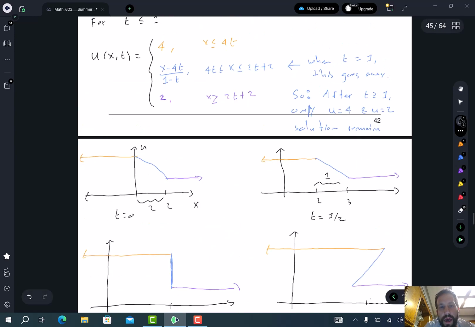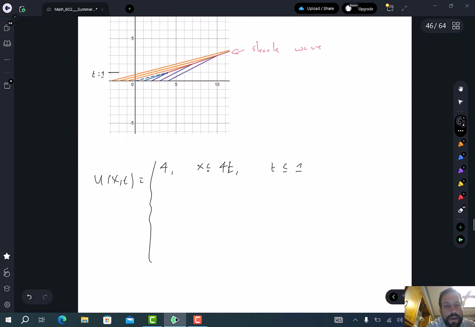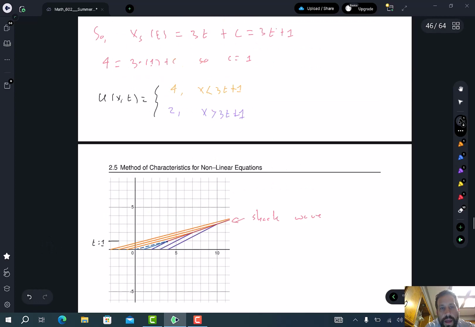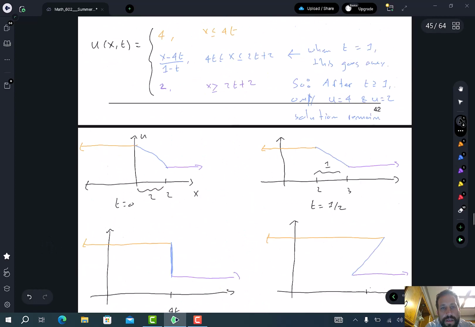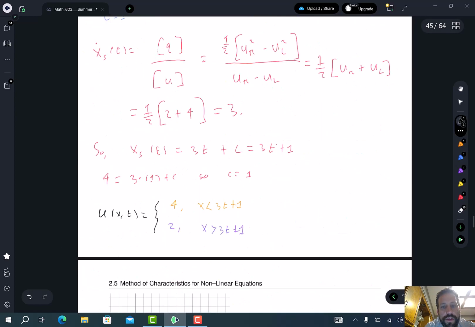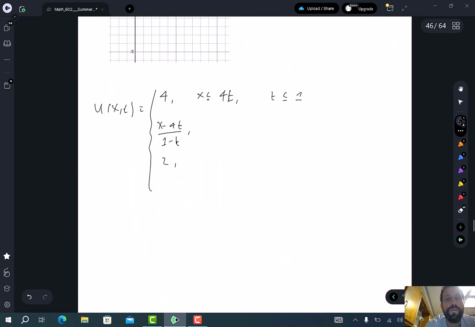It's going to be (x minus 4t) over (1 minus t) when 4t is less than x less than 2t plus 2, and it's equal to 2 when x is greater than or equal to 2t plus 2.